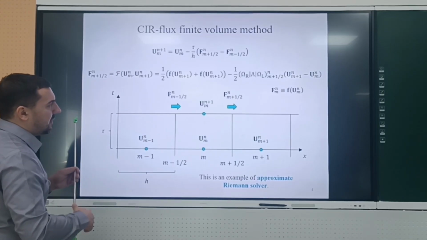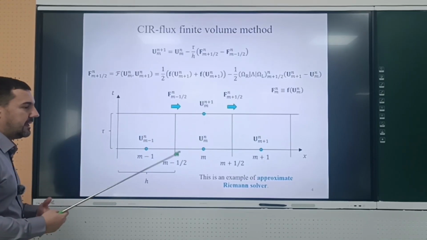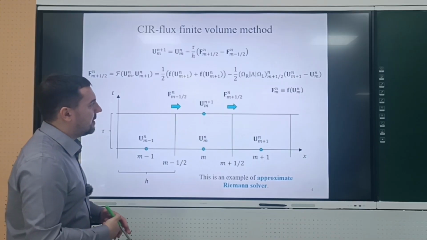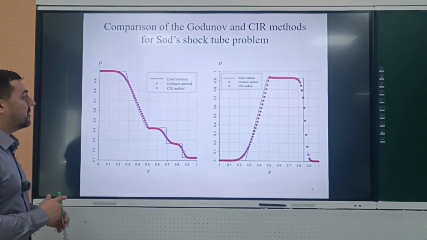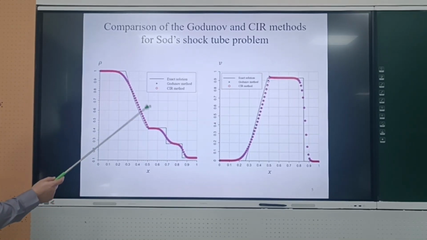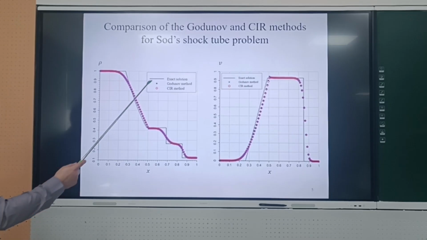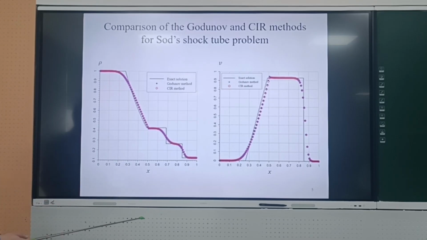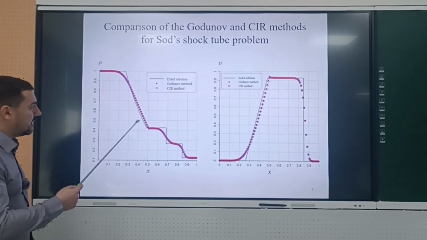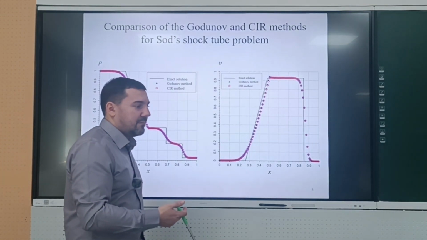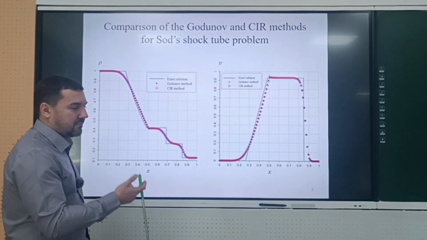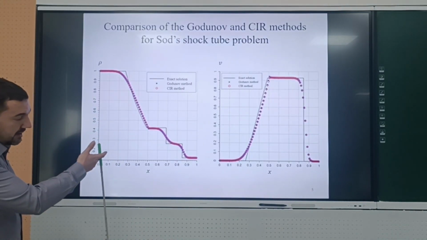And you may think that these formulas are totally different and will produce different results. But interestingly, they are very close to each other. You can take the Sod shock tube problem that we discussed previously and compute it using the Godunov method and using the Courant-Isaacson-Rees method, and you will see that the results are almost the same. You cannot distinguish them by eye.